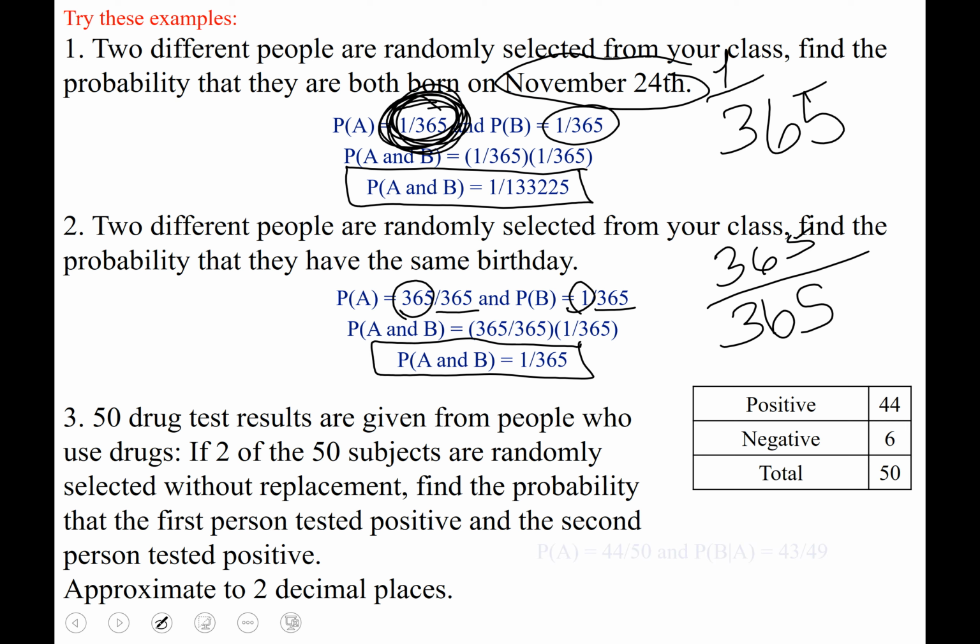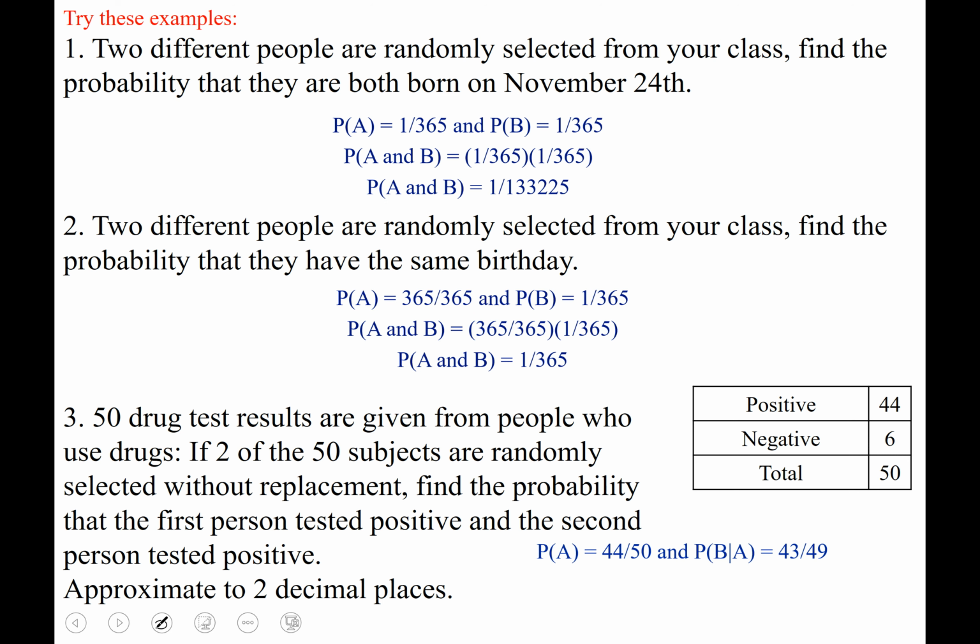Number 3, if you got that right, you put approximately 0.77 or 1,892 over 2,450. Walking through that one, it looks the same as the question on the last slide, but I changed it up a little bit just to test if you fully understood what was going on.